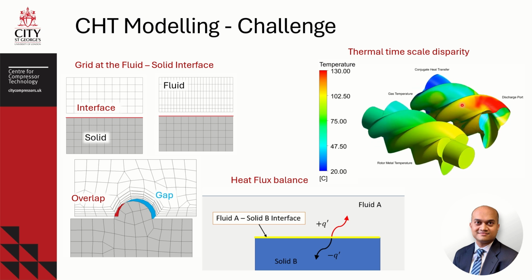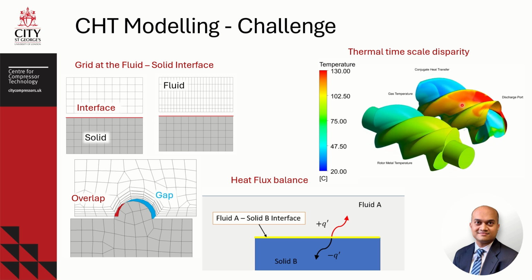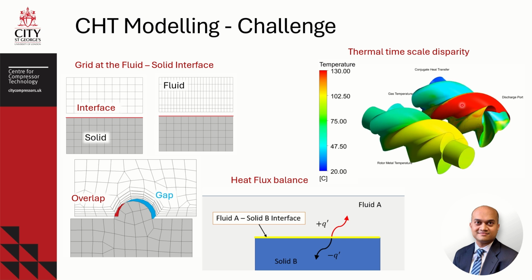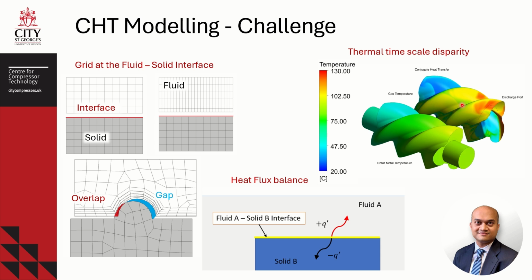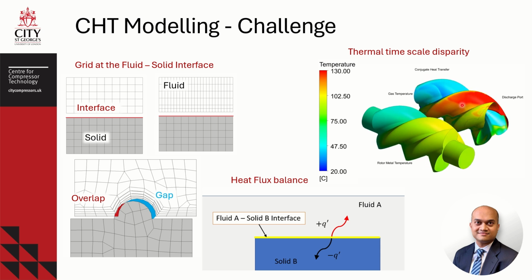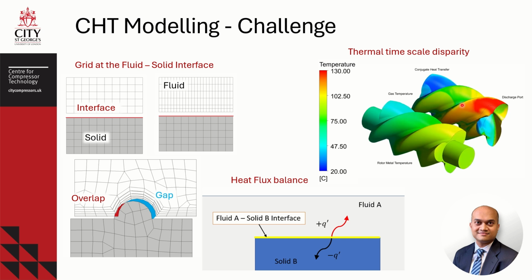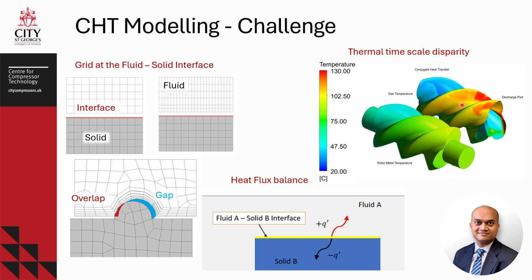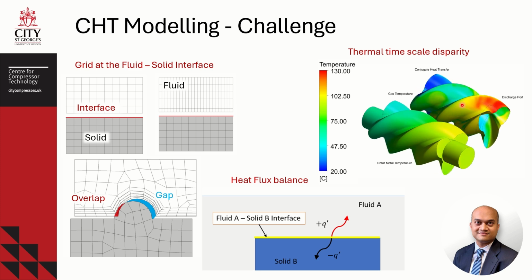This happens due to thermal timescale disparity, which means that in the fluid flow, the convection of heat is quite fast, whereas it takes a lot of time for that heat to conduct within the solids. This manifests into a different time step size for the fluid solver and a different time step size for the solid solver, which is also known as time scaling.